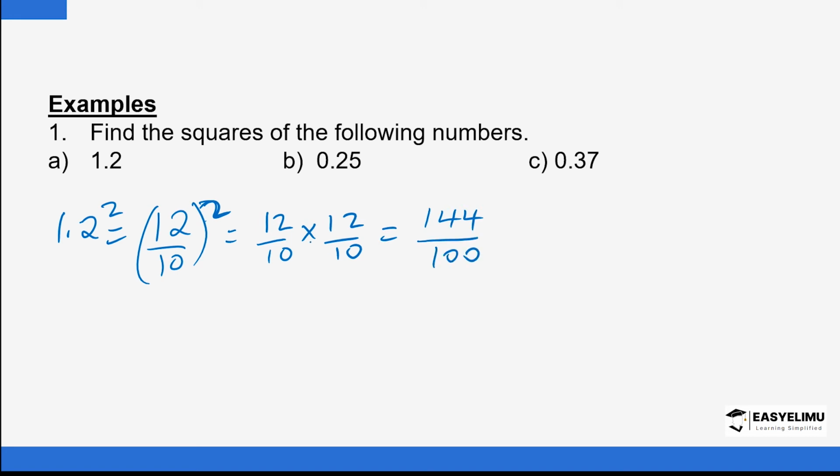So you multiply the numerators and you also multiply the denominators. This is division by a power of 10, which simply shifts the decimal point to the left a number of places equivalent to the number of zeros. So for whole numbers, this is where the decimal point is supposed to be. If you shift the position to the left two steps, this is going to be 1.44.